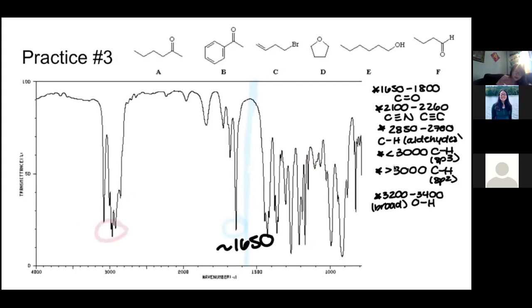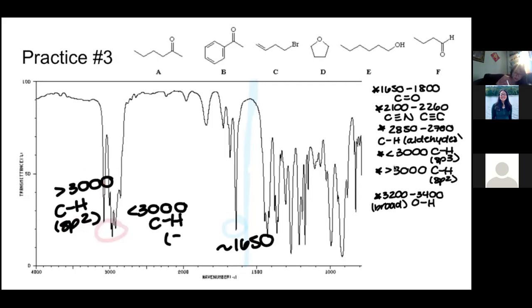These look like, I would say, there are some both below 3,000 and above 3,000. So remember, in cases where you don't have aldehydes, you may have C–H's that are sp2 hybridized above 3,000, and below 3,000 those tend to be sp3 hybridized instead.